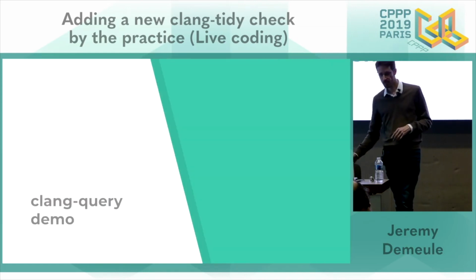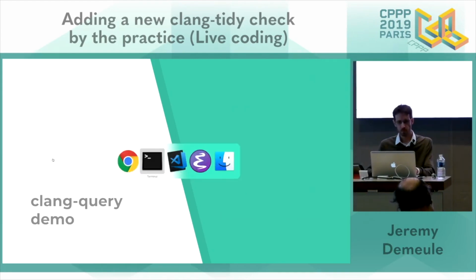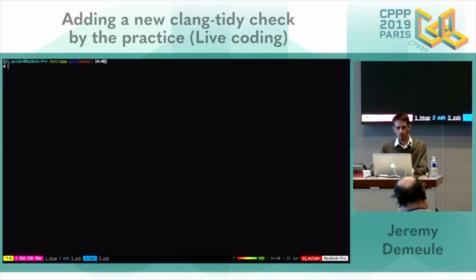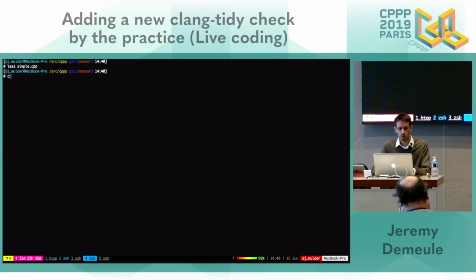Second demo, let's play a bit with clang-query. Here, I will use this simple code, exactly the same expression as before, but just encapsulated inside hello.cpp. And I can launch clang-query on it directly.